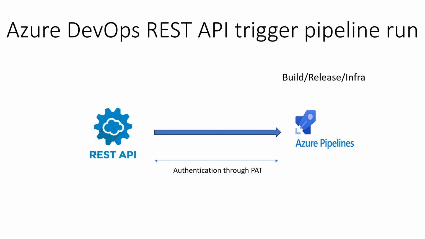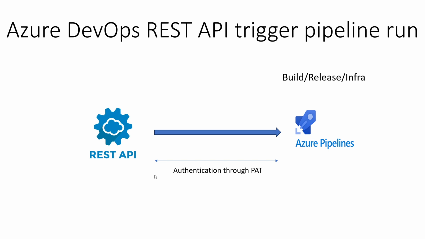And how to call or how to run this pipeline using REST API. REST API means representational state transfer, and this REST API calls this pipeline using PAT.